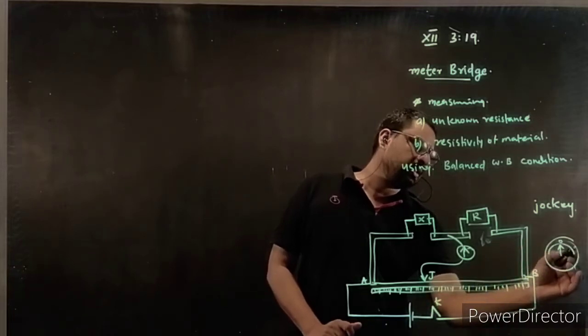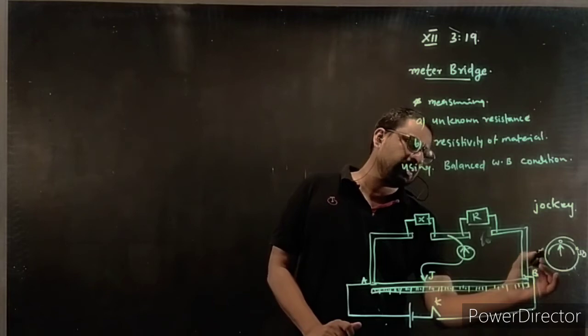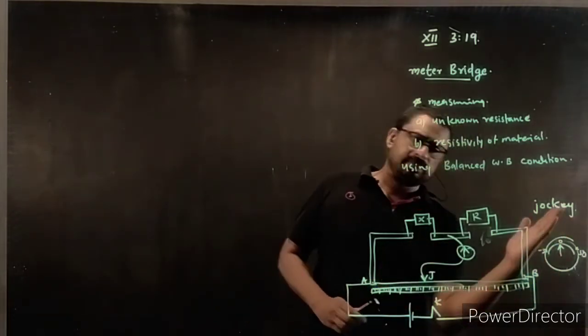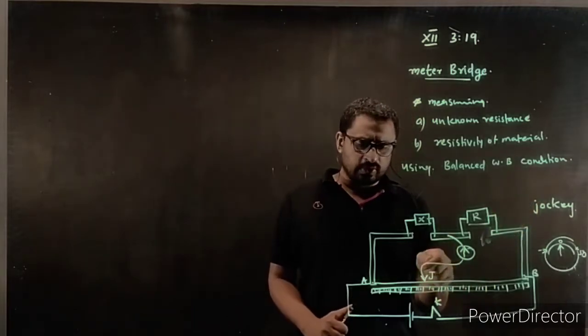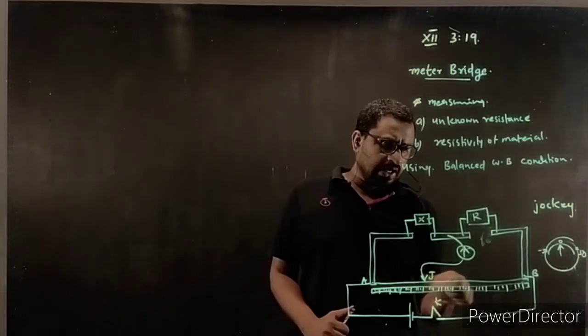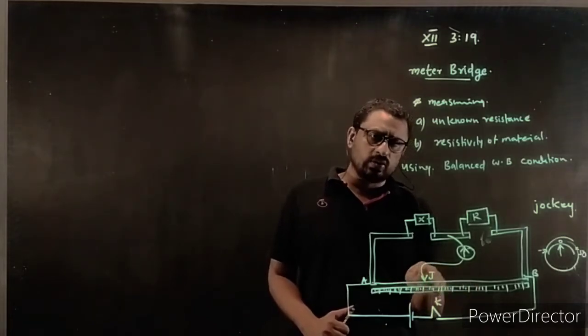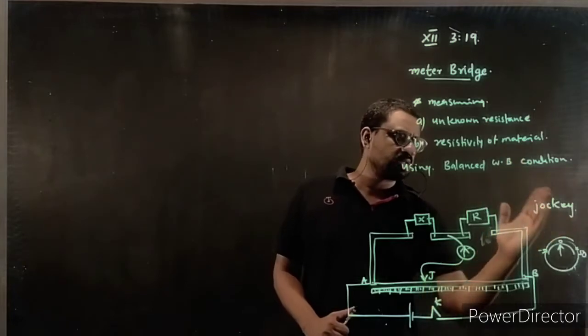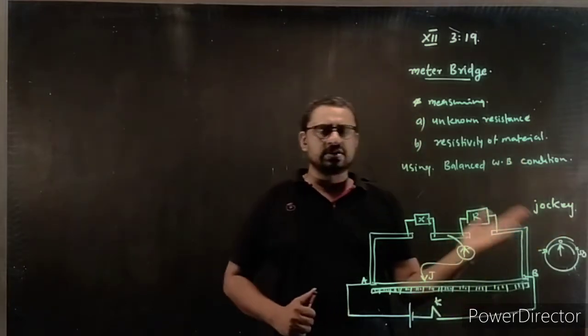So this is 0 and this is plus 50 or minus 50, whatever it be. When you connect the circuit, it will show a reading in one direction. And when you move the jockey along the wire, the reading will start to decrease, meaning it comes towards the center.